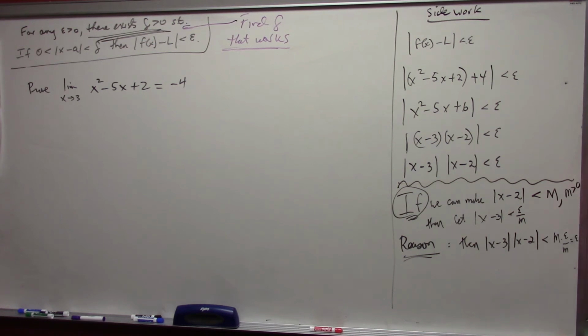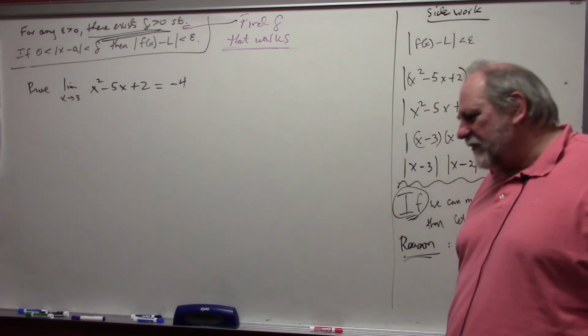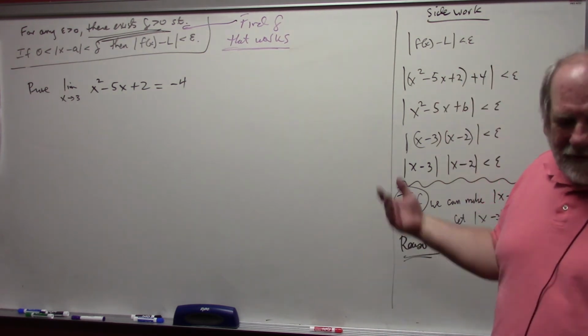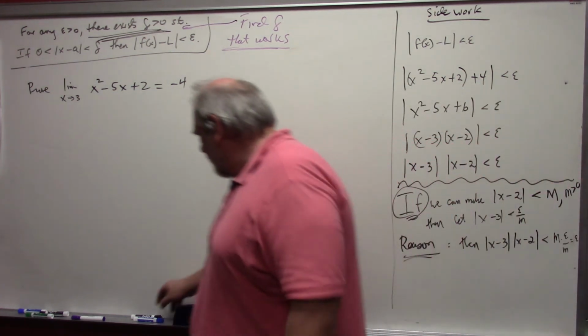And so, if I can make this less than m, then we have a way to make this work out. So now the question becomes, again, I solve one problem by coming up with a solution, which may bring us to another problem, but we eventually will get to where we want to go.